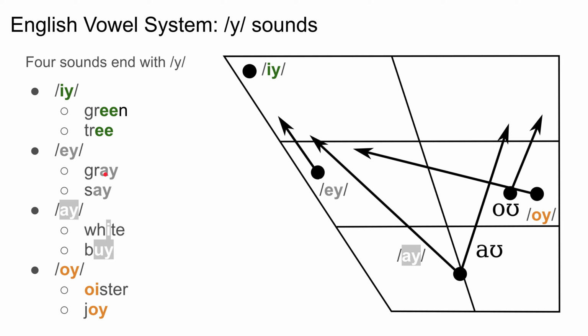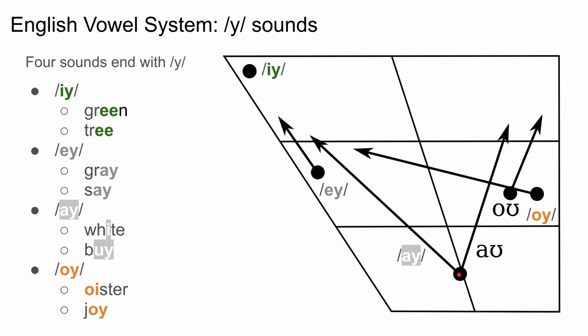So for example, gray. Gray starts in the middle and it moves higher and front. Gray, say. Okay, see, when I say the vowel A, it starts in the middle and it moves up to the front. The same thing with I, as in white, as in buy.